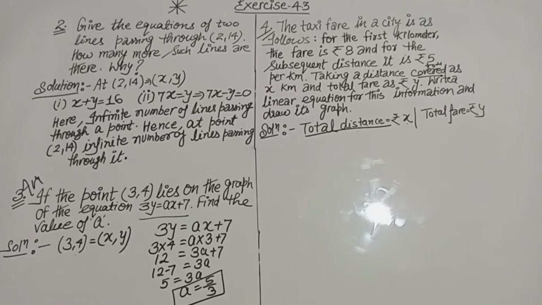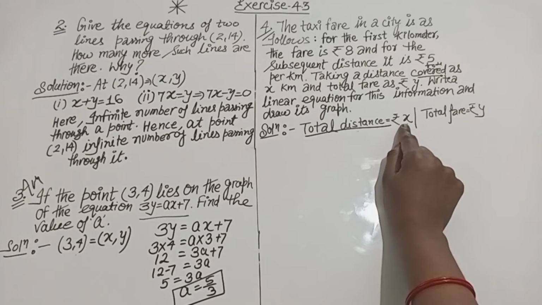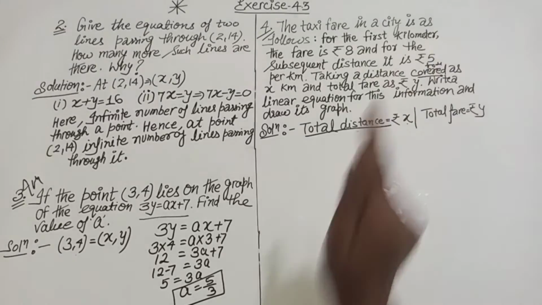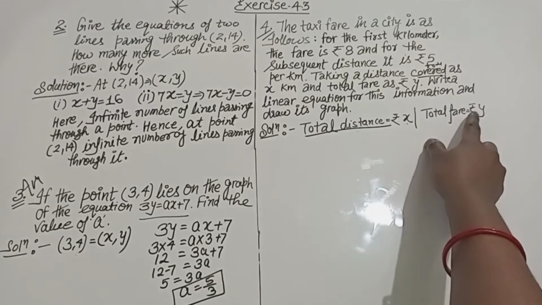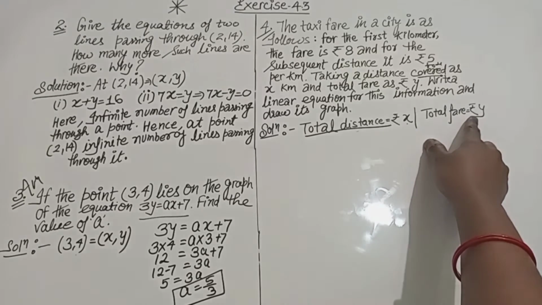So 5 into 4 is 20 rupees. We multiply the total distance by the rupees per kilometer, and we get the total fare.